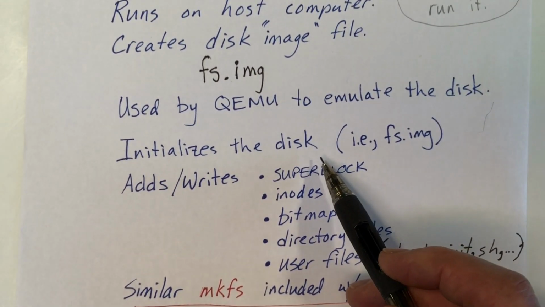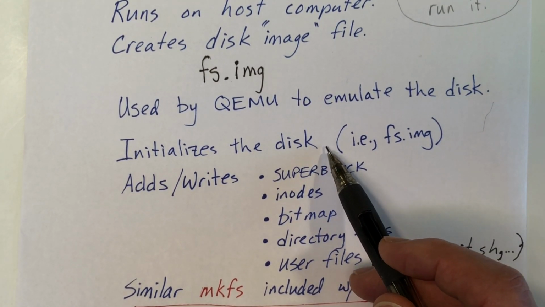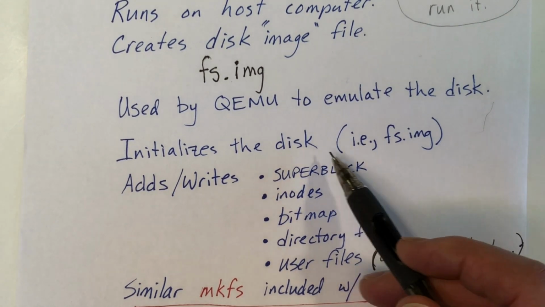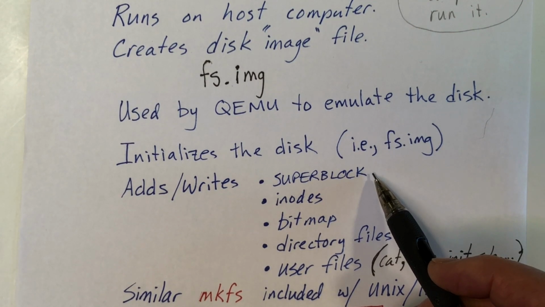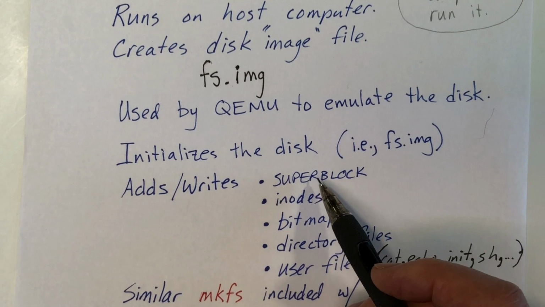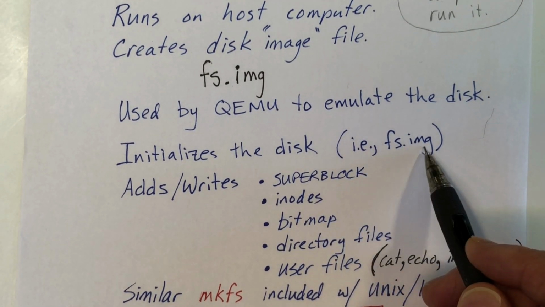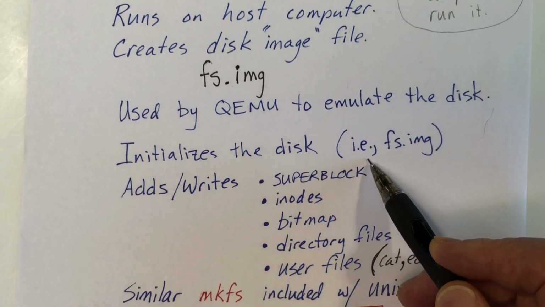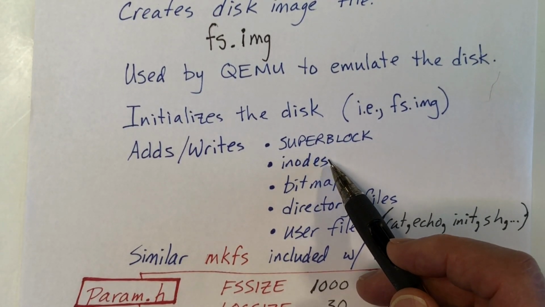mkfs will initialize the disk. It will create the entire file system. It will create the directory tree, and it will put a number of files into the directory tree so that when the kernel begins, that is at startup time, the kernel will find the file system already exists. So what does it do? Well, mkfs will write the superblock to the image file. It doesn't write anything for the boot record because that's not really needed. And it will also initialize all the inodes.